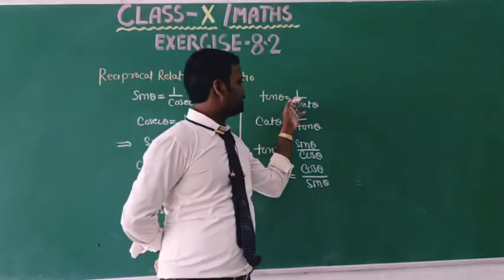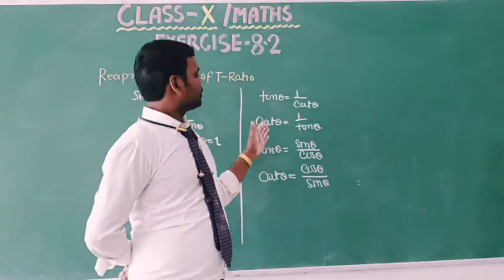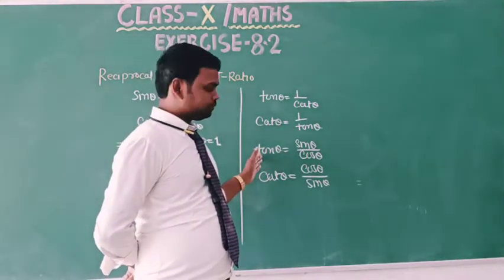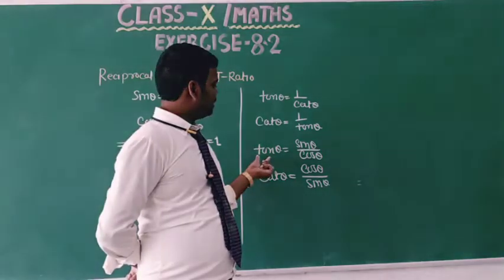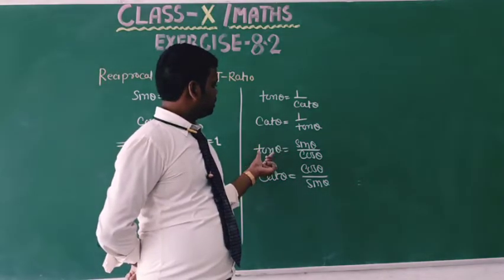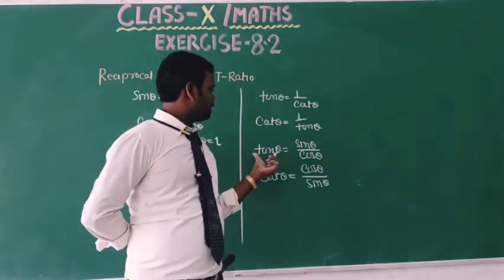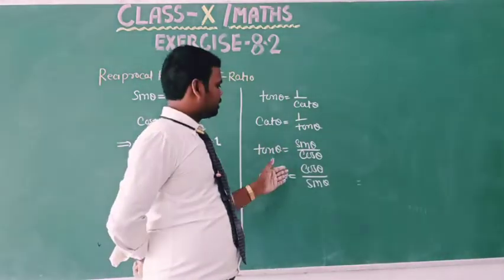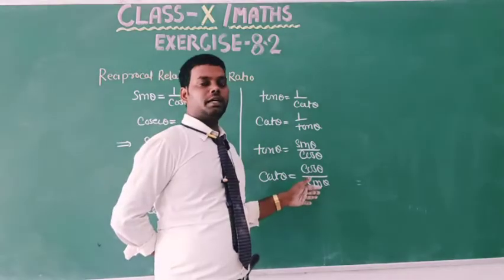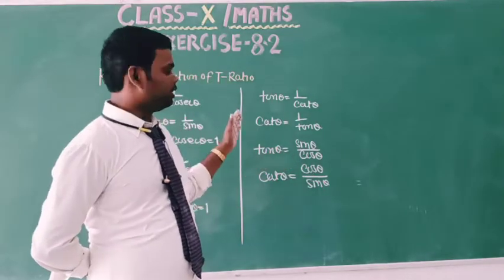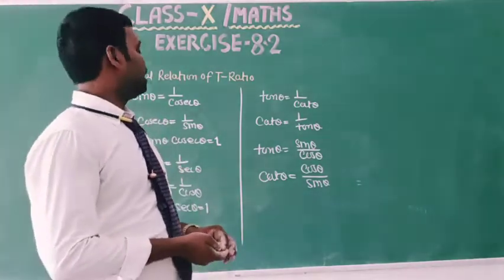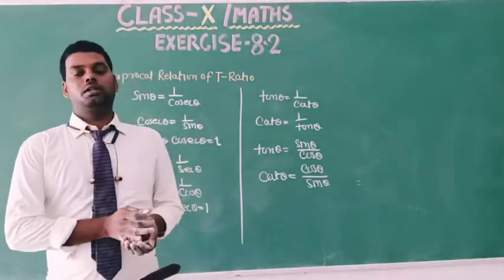Next, tan theta equals 1 upon cot theta, cot theta equals 1 upon tan theta, and tan theta is also sin theta upon cos theta, and cot theta equals cos theta upon sin theta. So these are the reciprocal relations of trigonometric ratios.